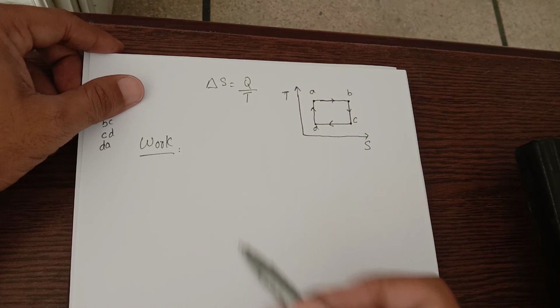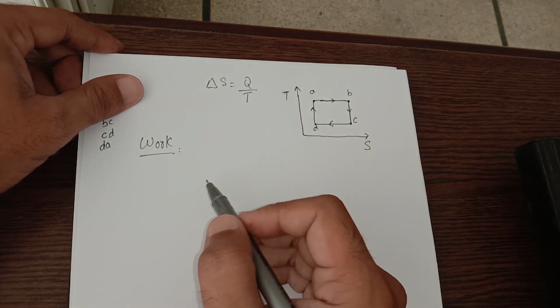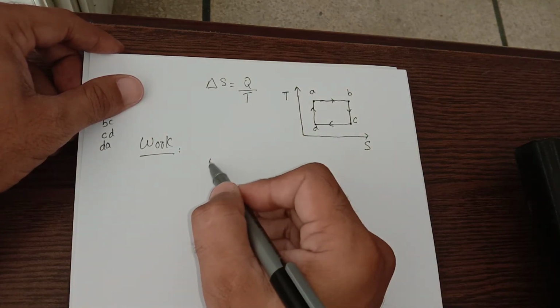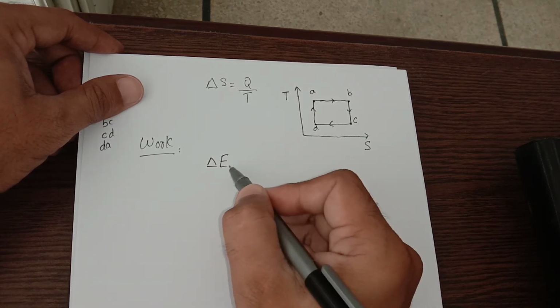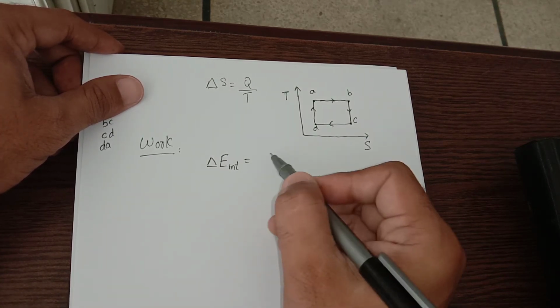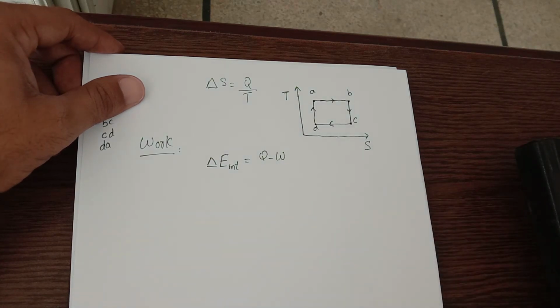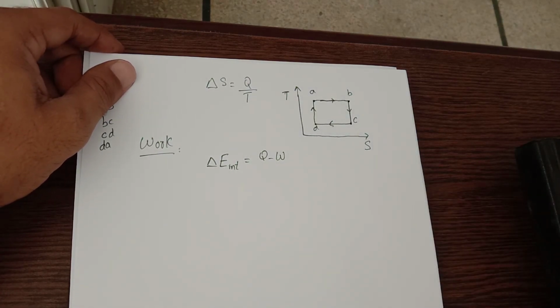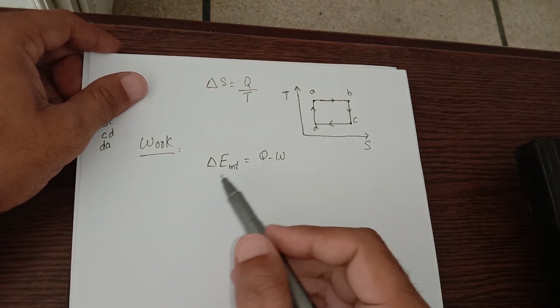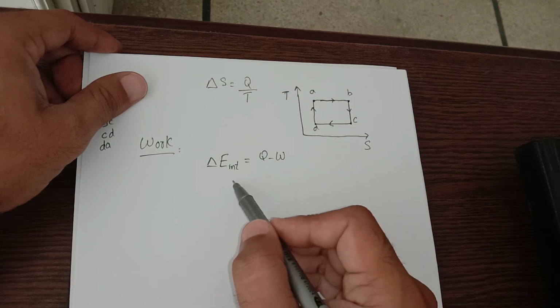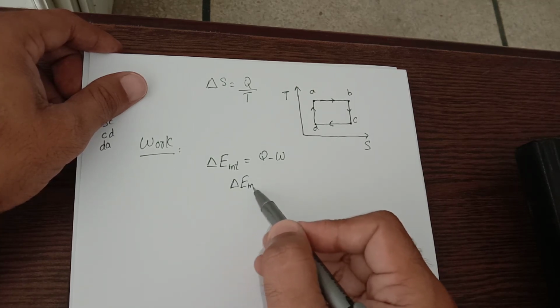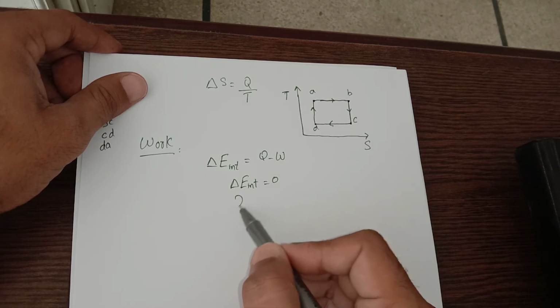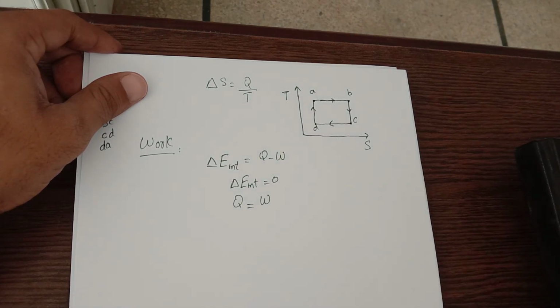Once again, I would consider the first law of thermodynamics, according to which the change in internal energy equals Q minus W. Since it's a cyclic and reversible process, the change in internal energy is 0. This delta E internal should be 0, and Q would be equal to W.